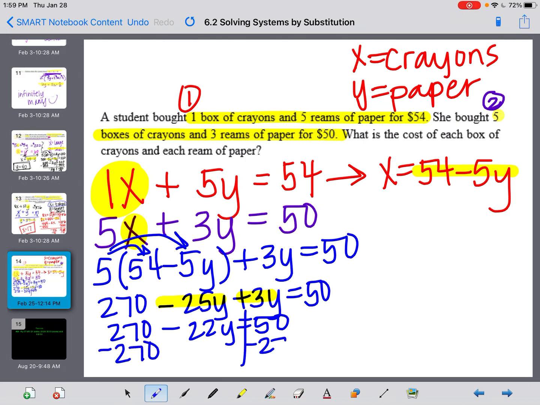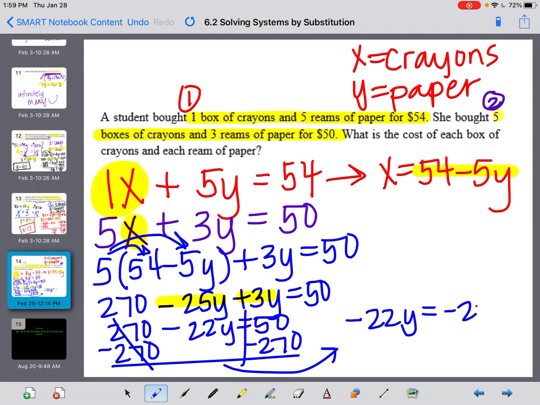Subtract 270. Okay, 50 minus 270 gives us a negative 220. I'm going to rewrite this over here. This cancels, so I have negative 22Y is equal to negative 220. Divide by negative 22. And I find out that Y, or the reams of paper, is 10.